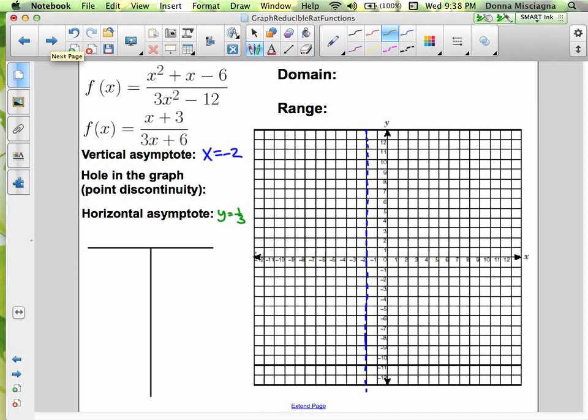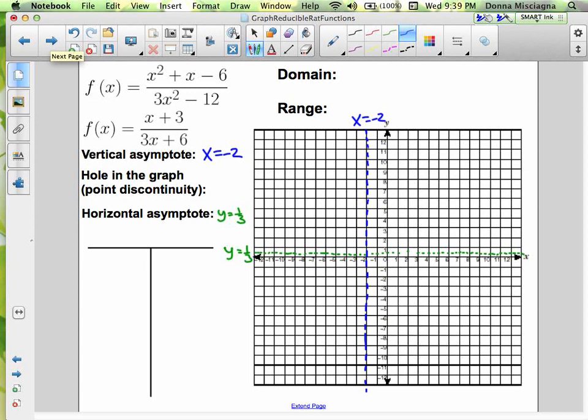About here. It's a little high, but it's really hard to hold my hand steady at 1/3. There we go. I have no lines to look at. Let's label that y equals 1/3. And over here, x equals negative 2.